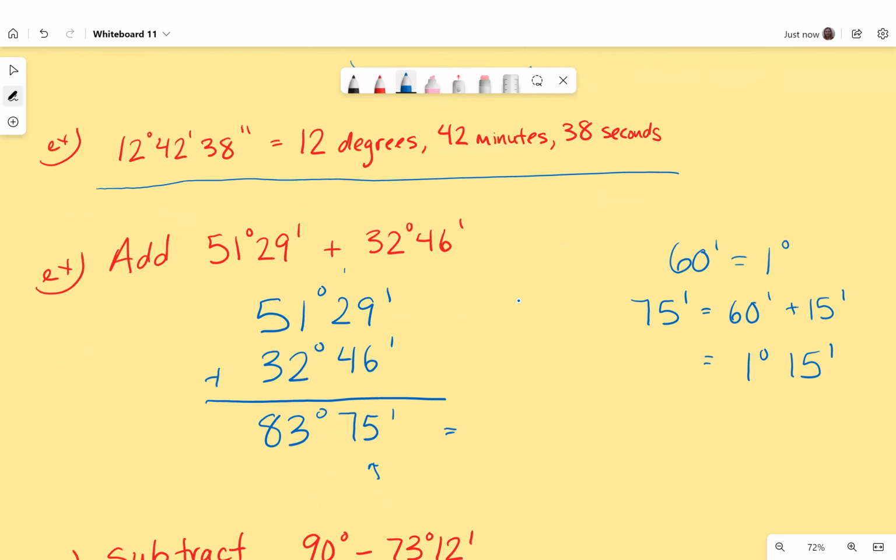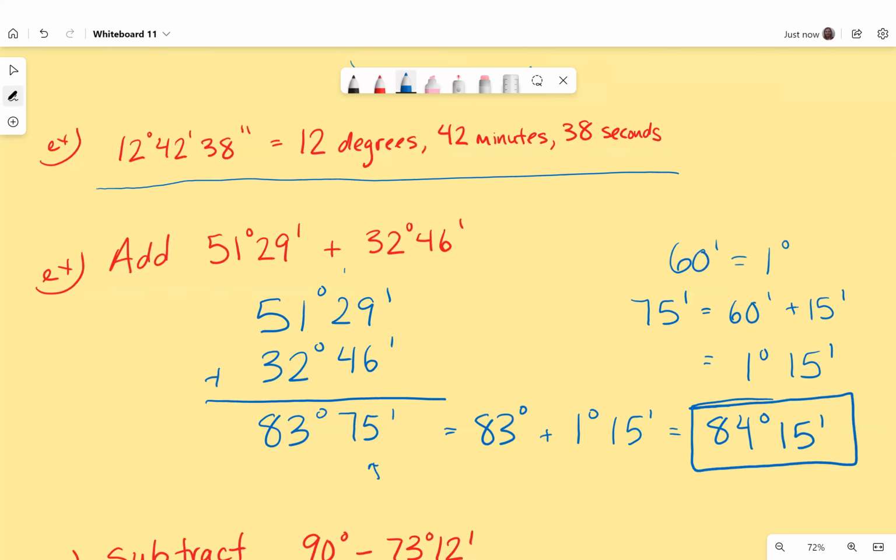So we want to rewrite this instead. It's 83 degrees plus 1 more degree, 15 minutes. And then you could add the 2 degrees together, giving us 84 degrees, 15 minutes. And there's different ways you can go about that, but you should end up with that same answer.